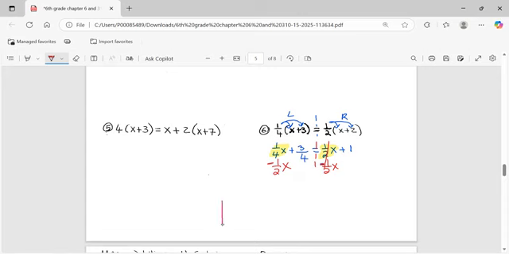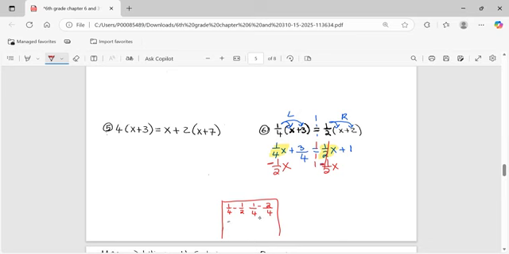So I'm going to come down here and have like a little box that I'm going to use. 1/4 minus 1/2. Common denominator is going to be 4. So I'm going to make an equivalent fraction. 1/4 minus 2/4. 1 minus 2 is negative 1.